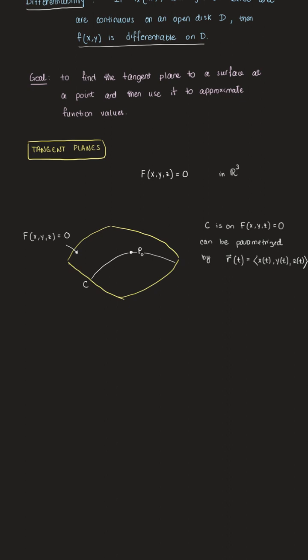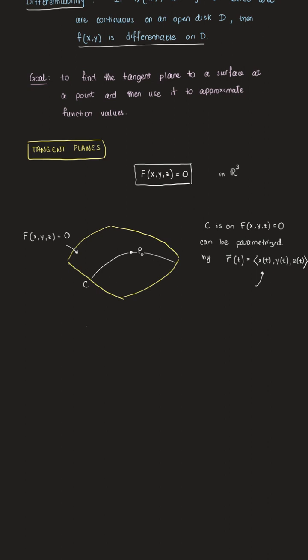So we have a curve, and since our curve is on the surface, that means that it must satisfy the equation of our surface. So that means that the components of my vector function must make the equation of my surface true.